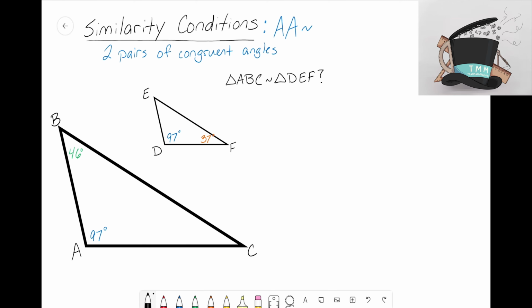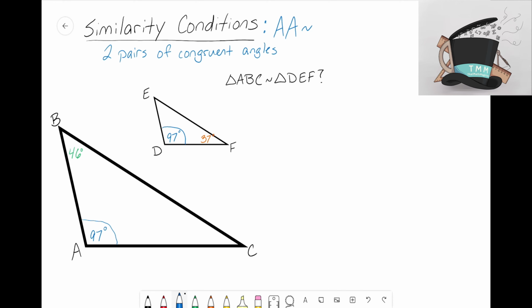similar. Looking here at both triangles, I can quickly see that they both share this 97-degree angle. Angle A and angle D are both 97 degrees, so they're congruent. That's our first fact.